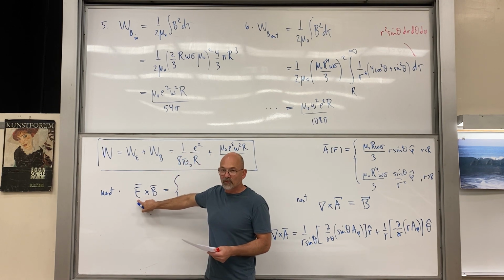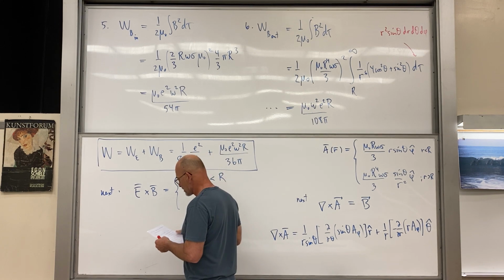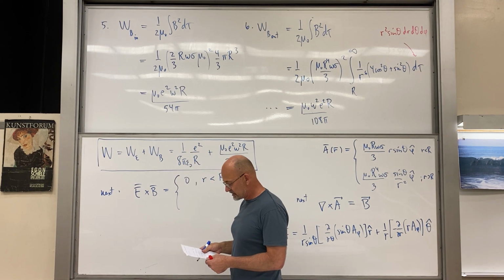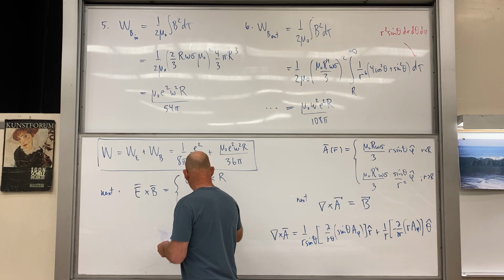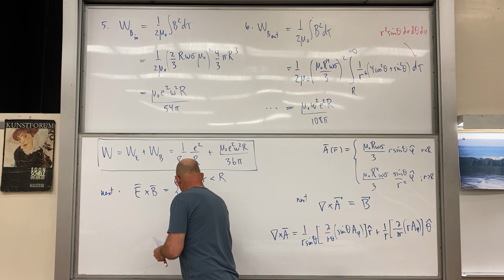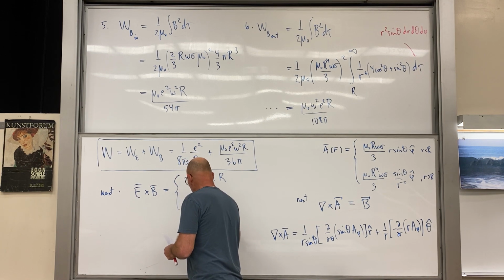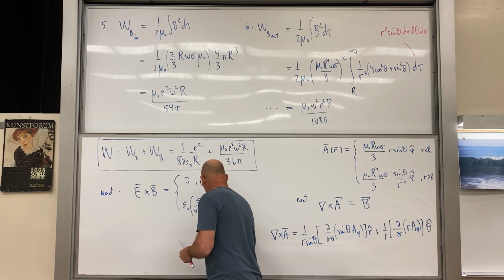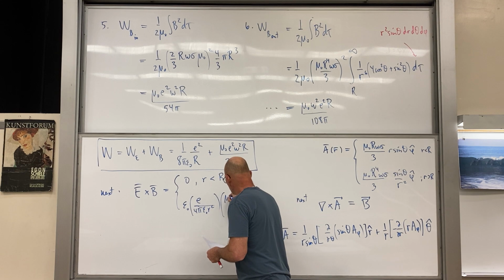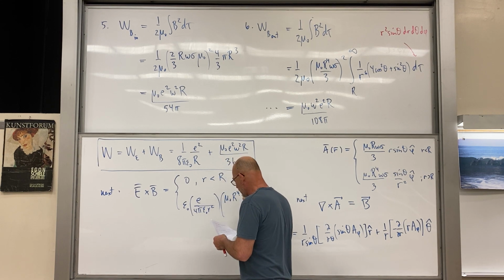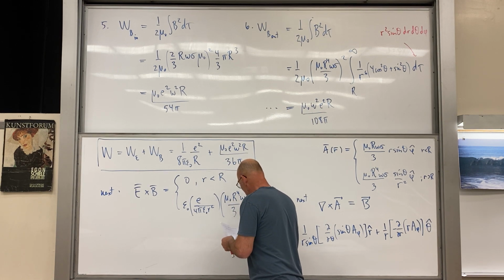because E was 0 inside that sphere, 0 for R less than capital R, and here, this is an important one, epsilon naught E over 4 pi epsilon naught R squared. You recognize that. Mu naught R to the 4th omega sigma over 3.